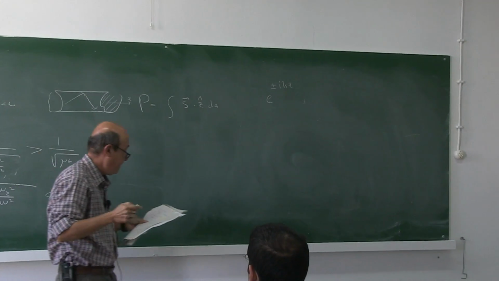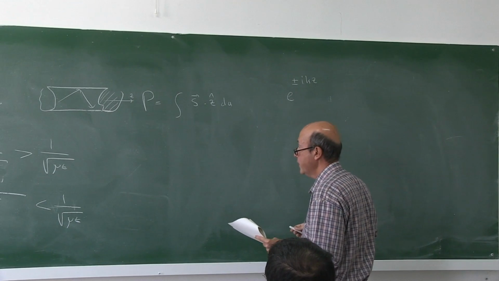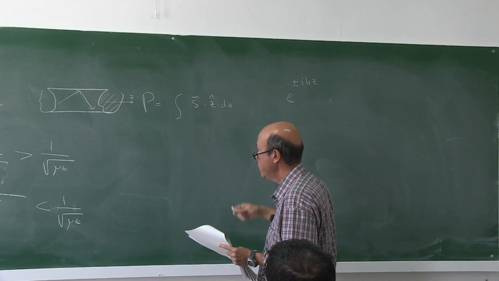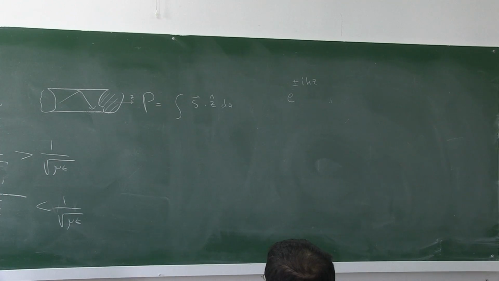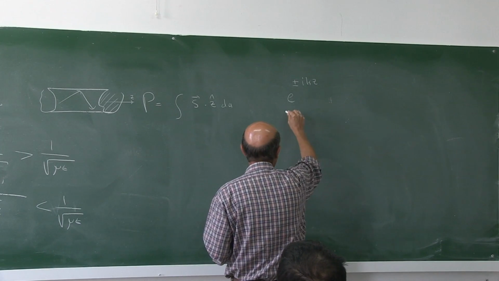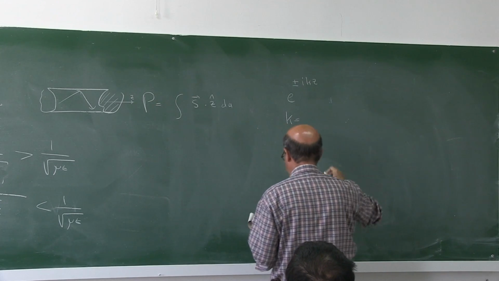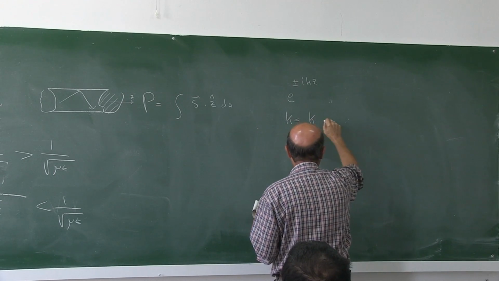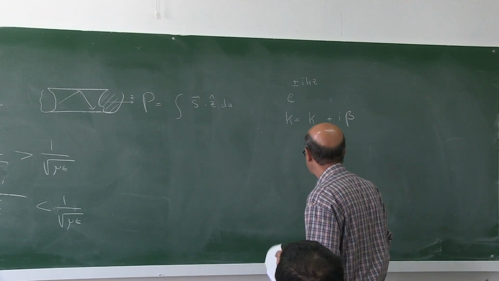So if there is some attenuation of the waves during the travel in the guide, we have some decay, and that decay could be expressed by a new wave number, which has a real part and an imaginary part.